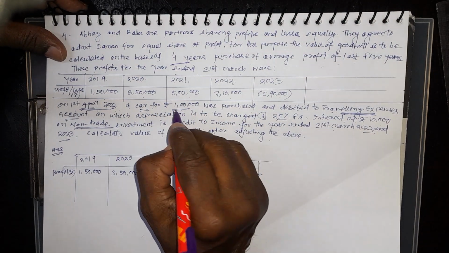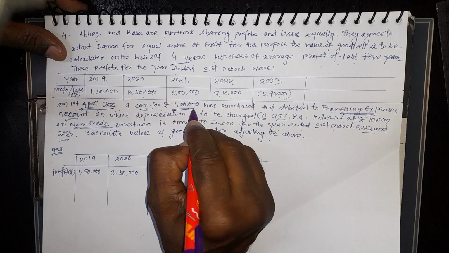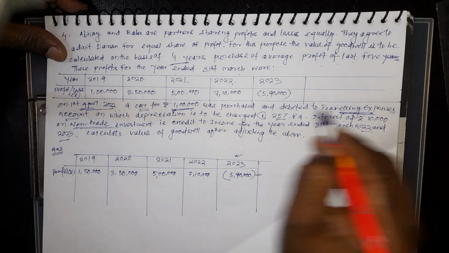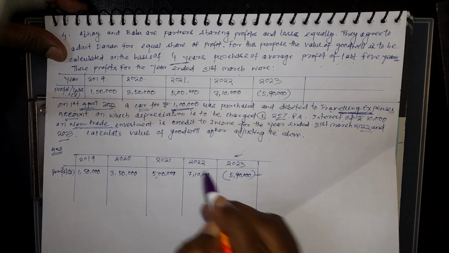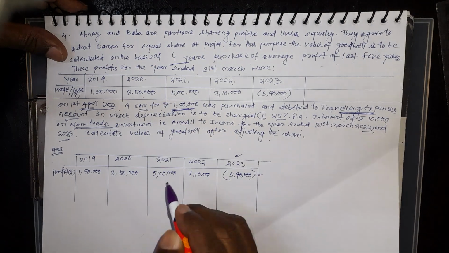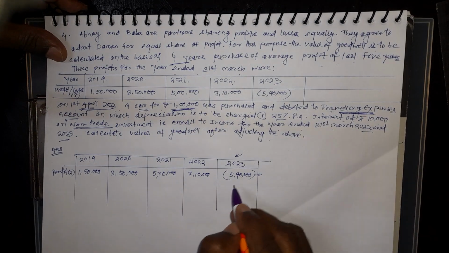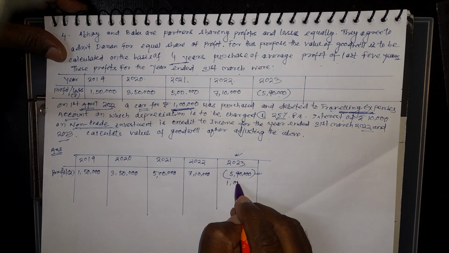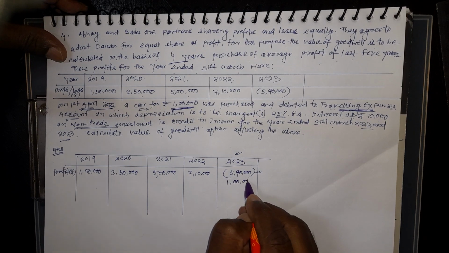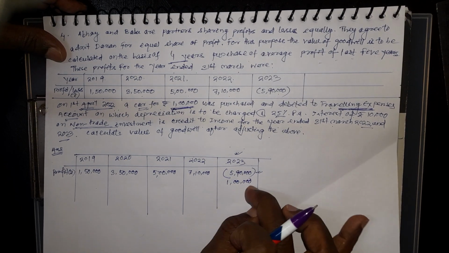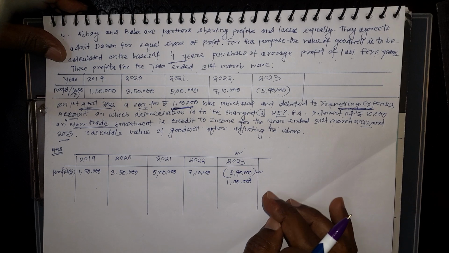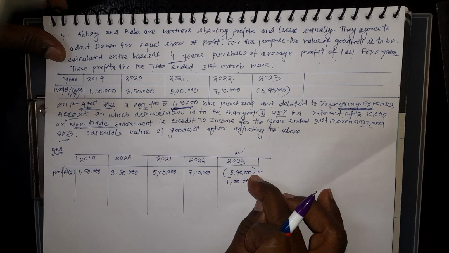Now it is capital nature. Before that it was treated as revenue nature; now you have to treat it as capital nature. Capital nature means now we add the 1 lakh here, because due to that 1 lakh the loss increased to 5,90,000.